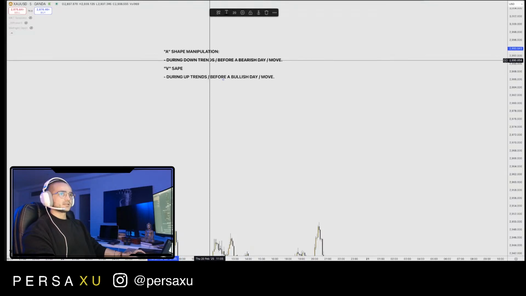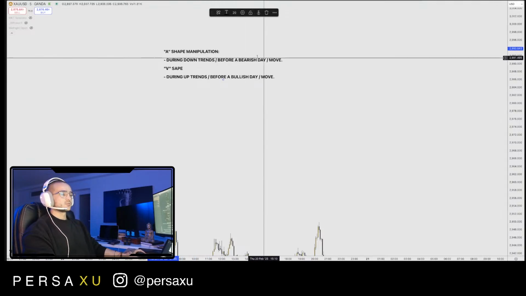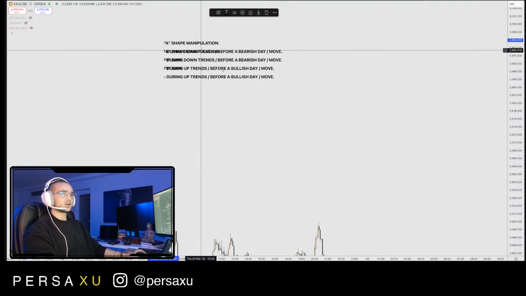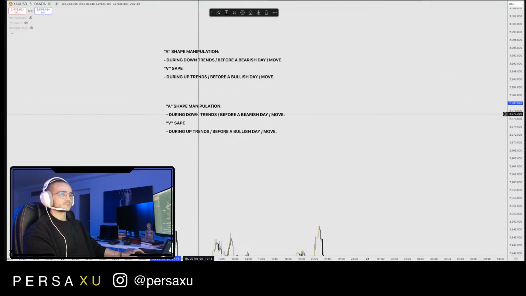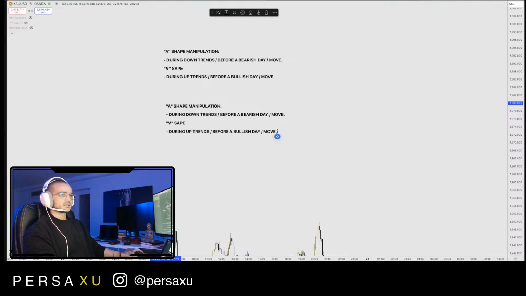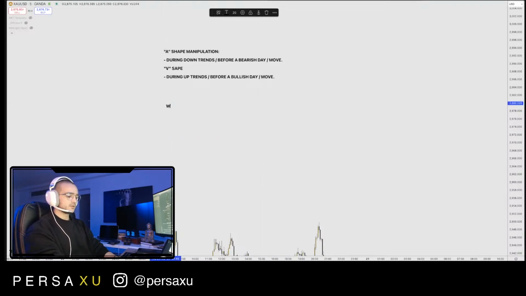So we got these A shapes during downtrends or before a bearish day or move, and the V shape. What we have in common between them is that they will be spotted within higher time frame areas of interest.